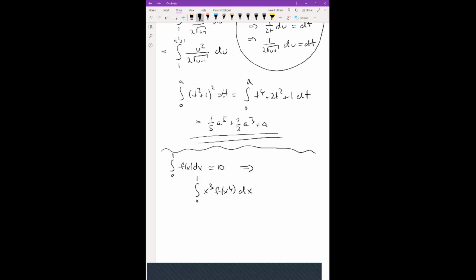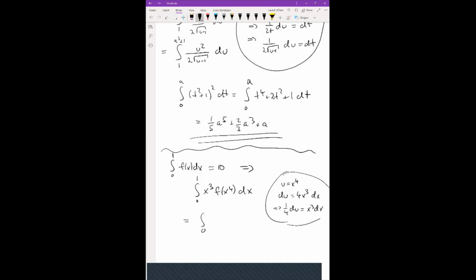Now that is an easy u substitution where you take u equal to x to the 4. Then du is 4x to the 3 dx, or you have 1/4 du is equal to x to the 3 dx. And if you substitute this in, if x is 0, u is 0.